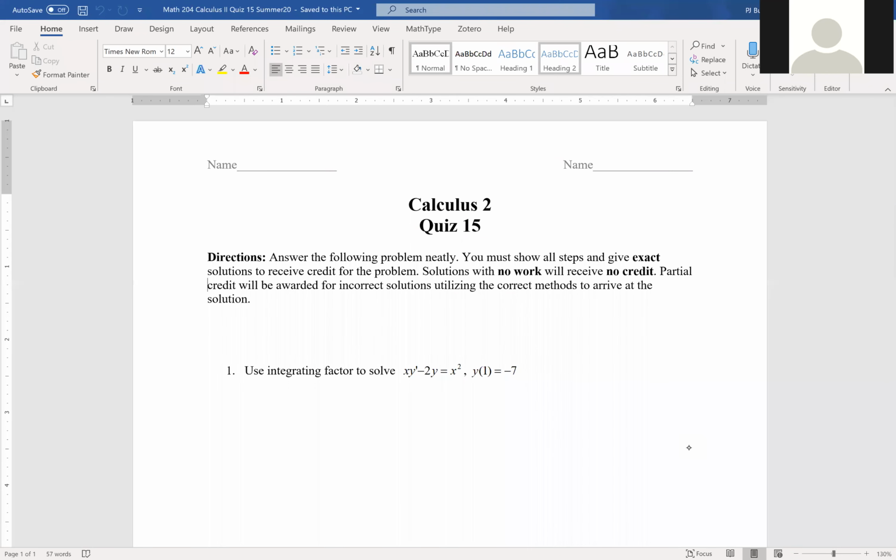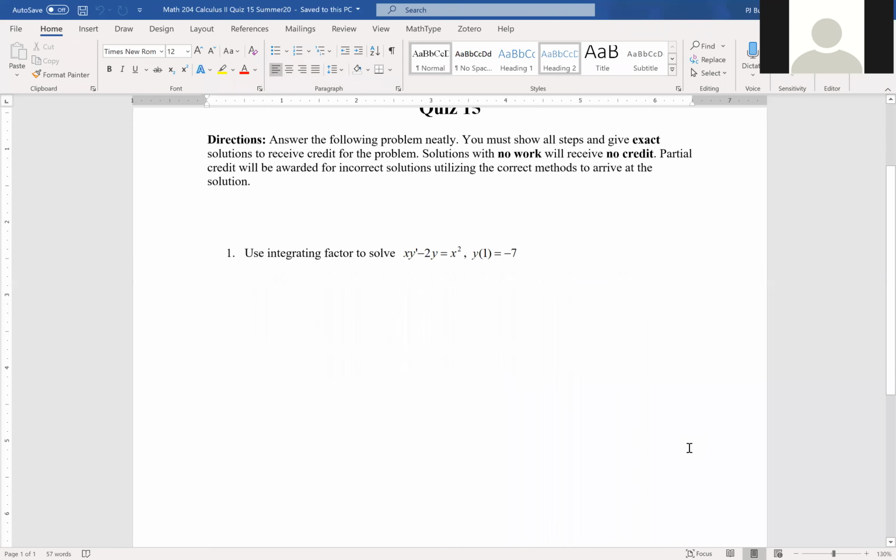Okay. So I started the problem by dividing through by x to get it in the form y prime minus 2 over x y equals x. Then I took the integrating factor, e to the integral of 2 over x dx.